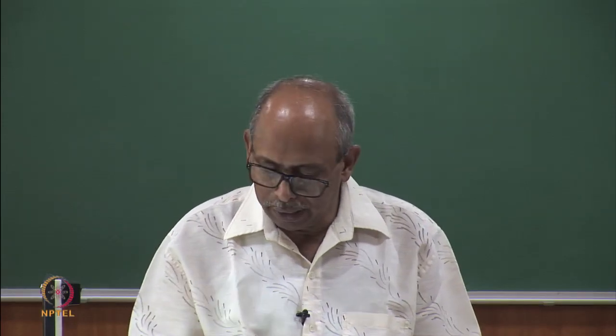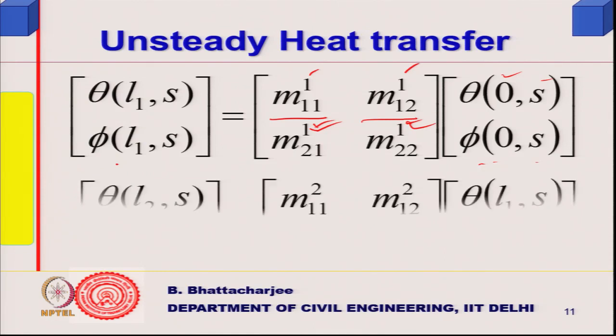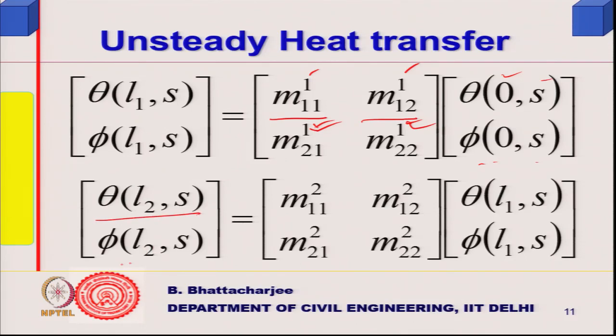So, I can write theta L1 s, phi L1 s equal to M11, and I am putting a superscript now for the first layer. This is the superscript for first layer, right, times theta 0 s, phi 0 s. Similarly, I can write now theta L2 s, phi L2 s in terms of theta L1 s and phi L1 s. So, each individual matrix if I know, I can find out.